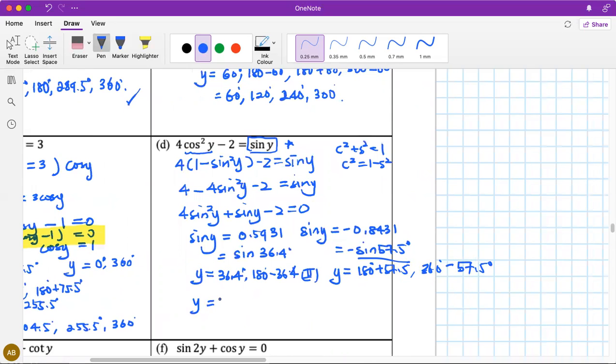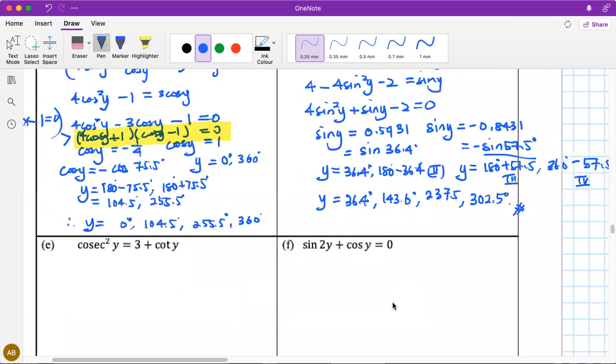Eventually you get the answer 36.4 degree, 143.6 degree, which is quadrant 2, then 237.5 degree in quadrant 3, and 302.5 degree in quadrant 4. So this is your answer.